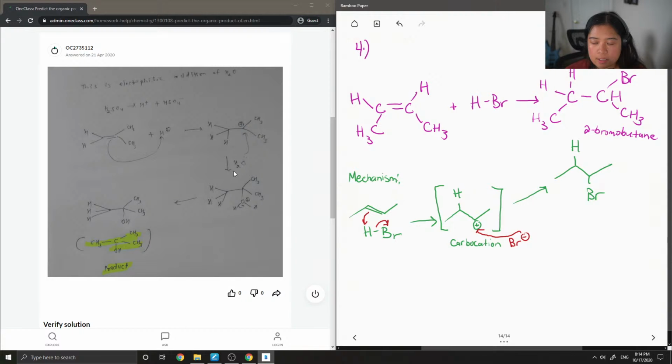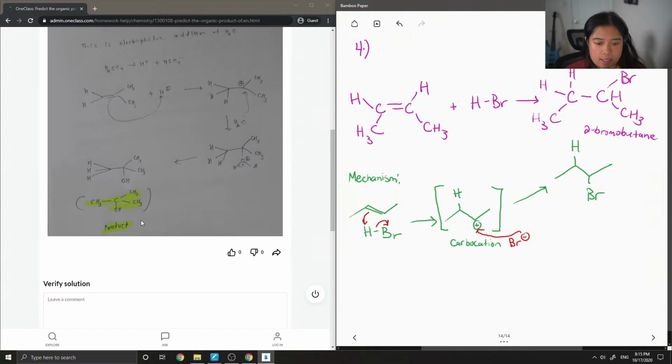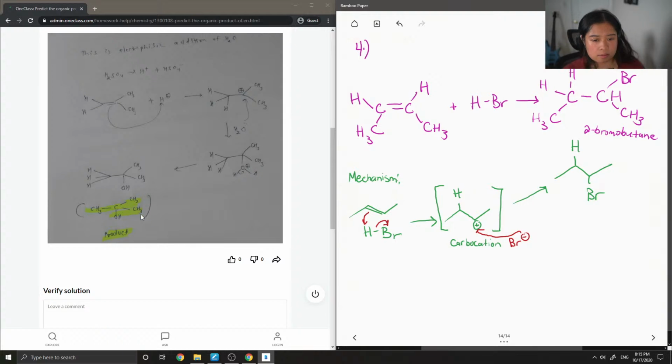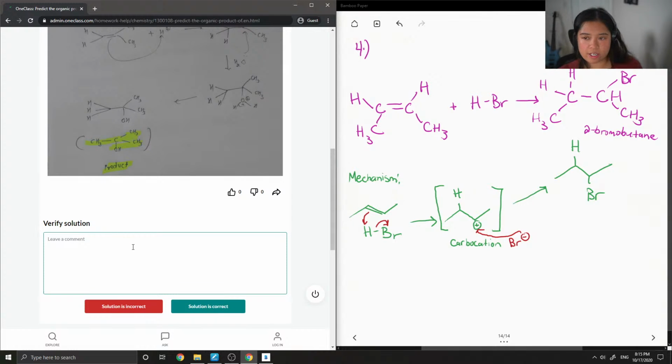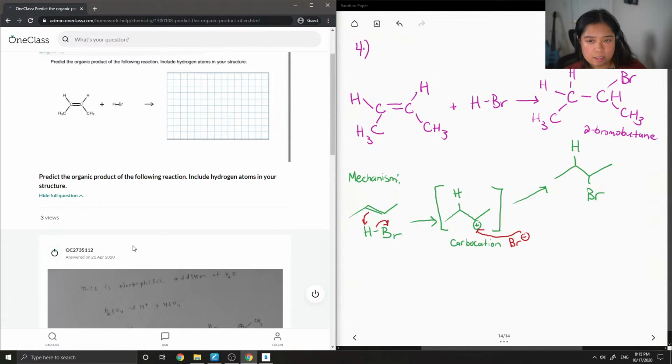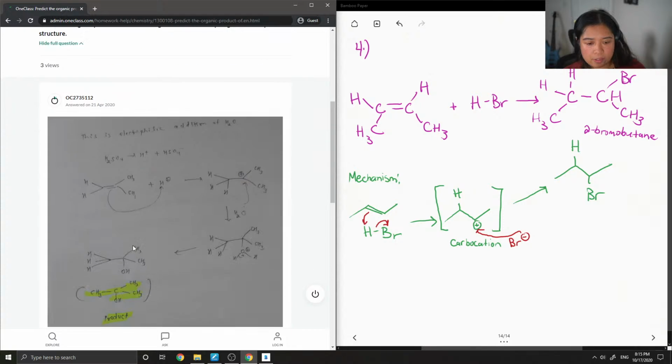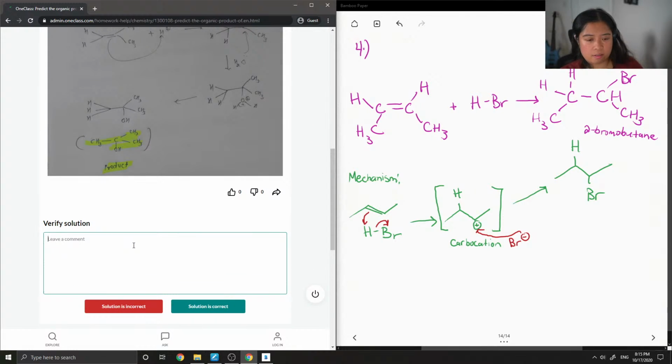This time they form the same kind of carbocation, and instead of the bromine coming to attack the positive charge, it's actually a water molecule coming in to attack, and they were left with an OH group instead. So this mechanism is correct, but for this question in particular, it is not the right answer.